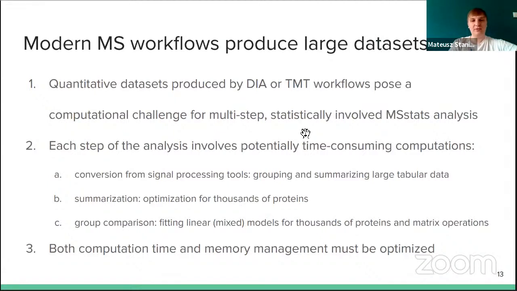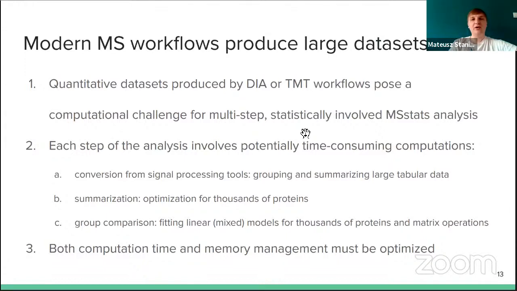So even if we talk about converters, the data cleaning steps that we need to apply are grouping and summarization, which for large data can be really inefficient with the typically used R implementations.